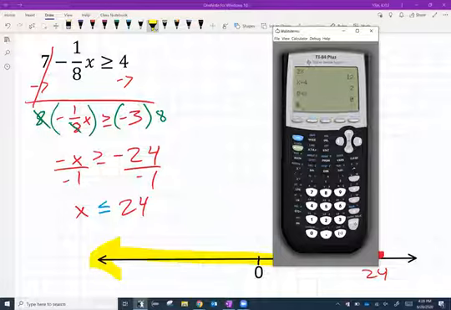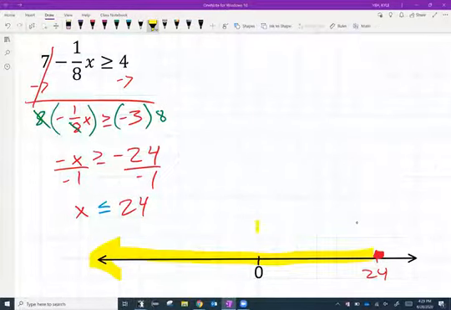So what I can do now is just enter the entire left-hand side of my inequality. 7 minus 1/8 x. And it'll use what I asked it to use. It'll use the 0 that I'm plugging in. It'll say, that's 7. Is 7 greater than or equal to 4? Yes, it is. That was a highlighter. So 0 worked, and it should have.